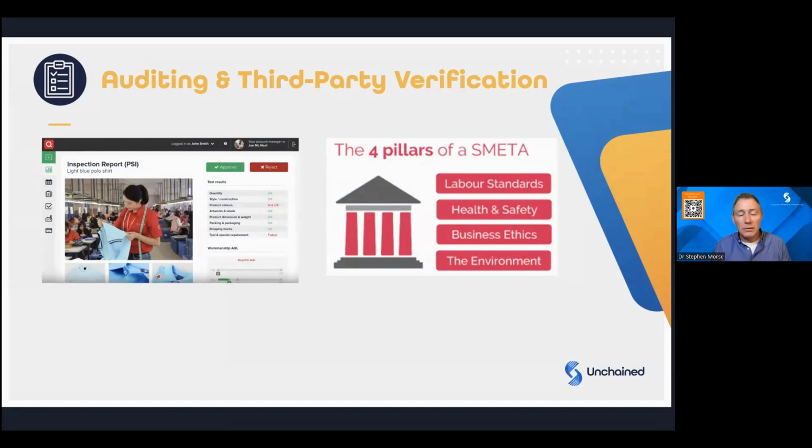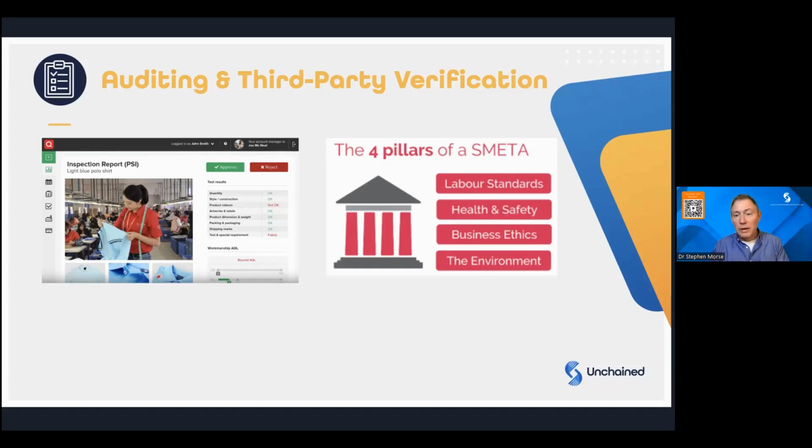That can be a very effective approach to human rights and environmental due diligence through the lens of quality assurance, so that it's less confronting for suppliers and factory owners in those places where you're sourcing products and services. And then there are the 4 pillars of a SMETA audit, which can be employed both in Australia and overseas as well.